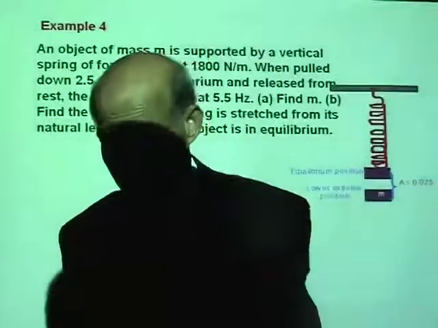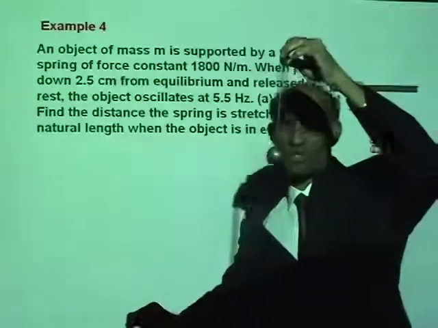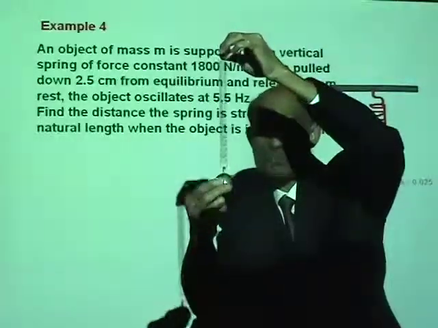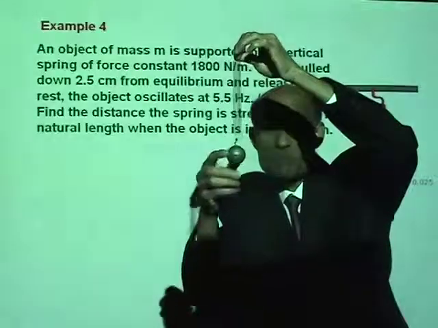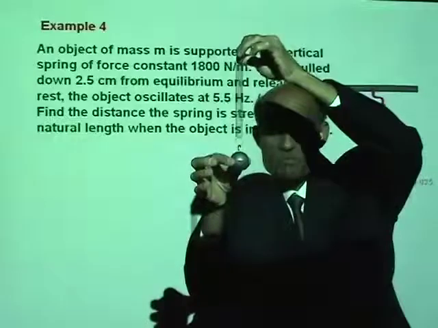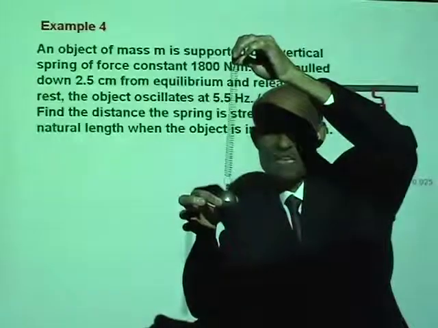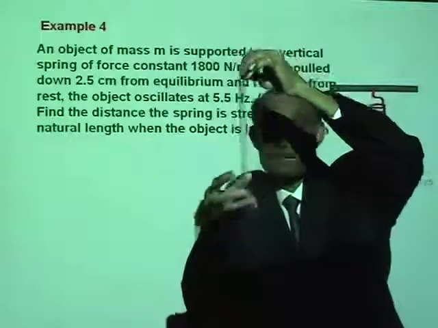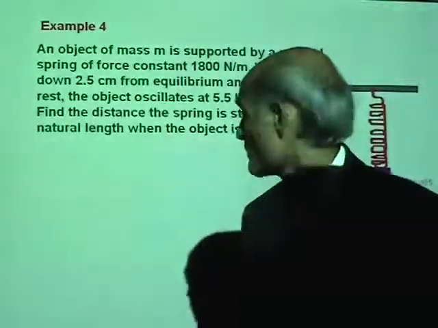The distance you pull down from the equilibrium position is going to be the maximum displacement. Displacement here is 0. Displacement now is 2.5 centimeter. That is the maximum displacement or the amplitude of oscillation.